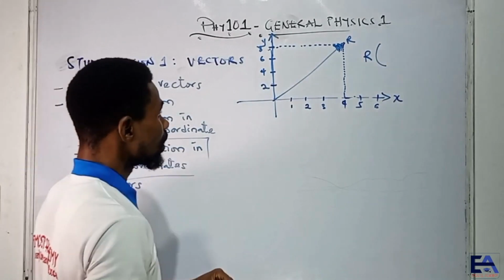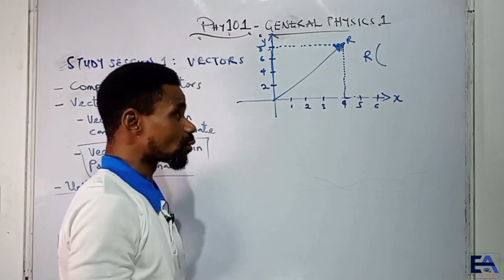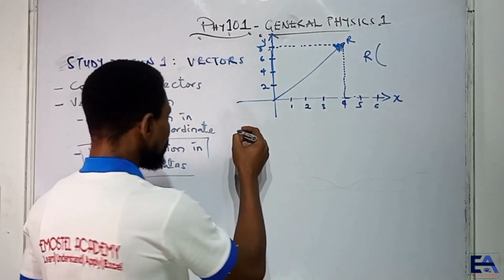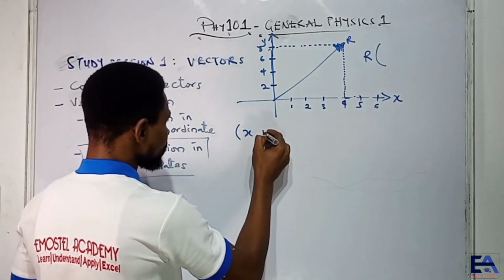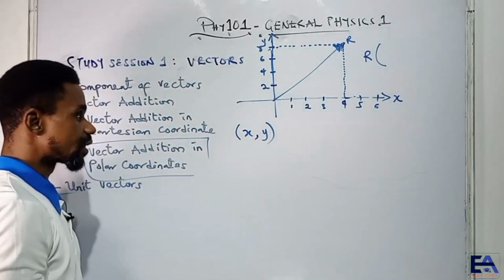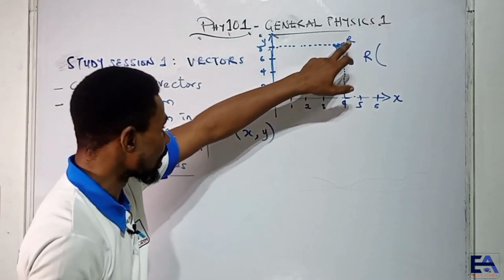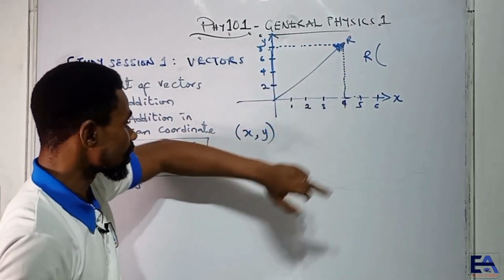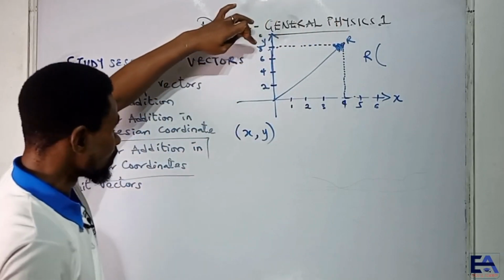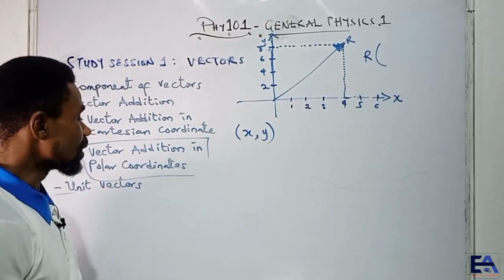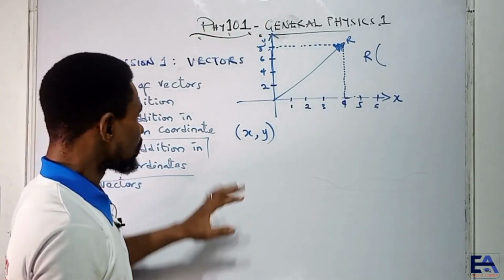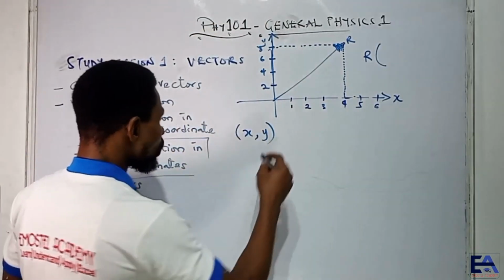What we really refer to as Cartesian is representing something in the form of x, y. That is the value of that particular vector along the x-axis and the value of the same vector along the y-axis. So this is the Cartesian coordinates.